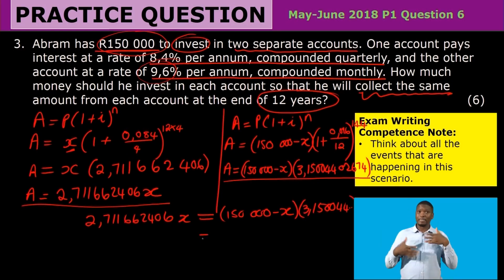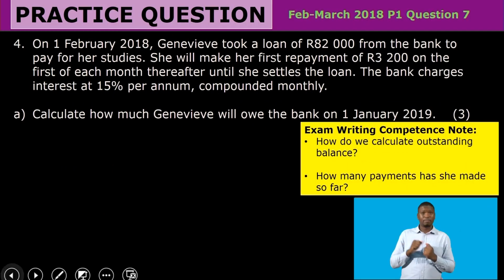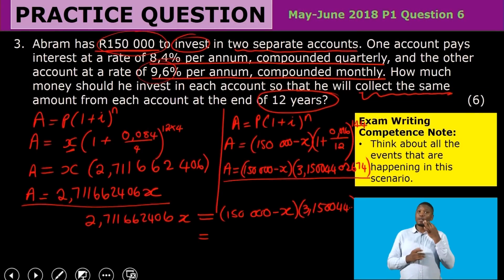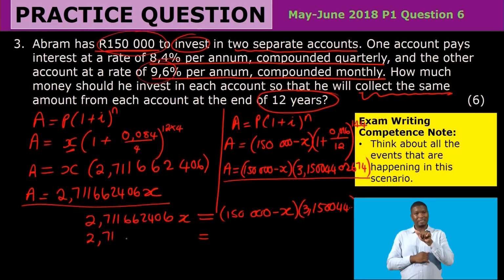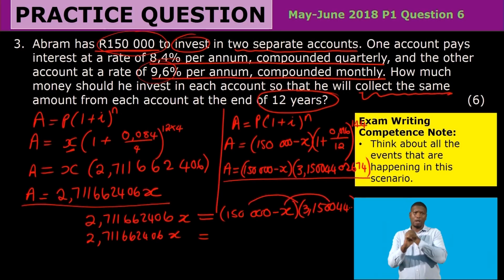So when we simplify this, on this side we still have the 2,711,662,406X, and when we multiply our values here, we are going to get 4,72, sorry, that is actually incorrect.